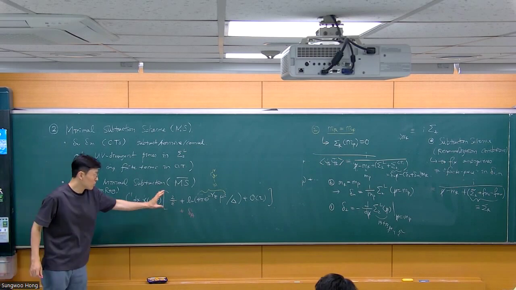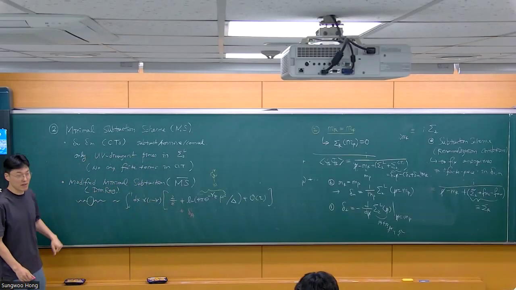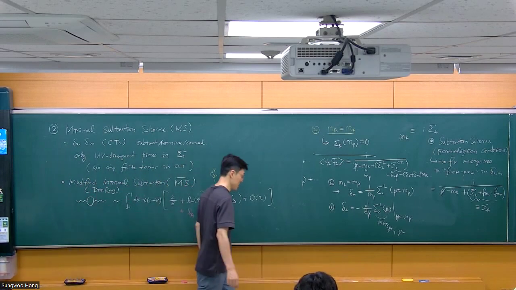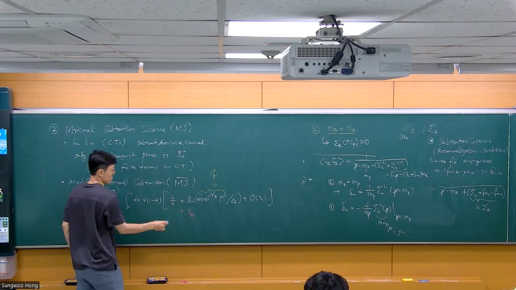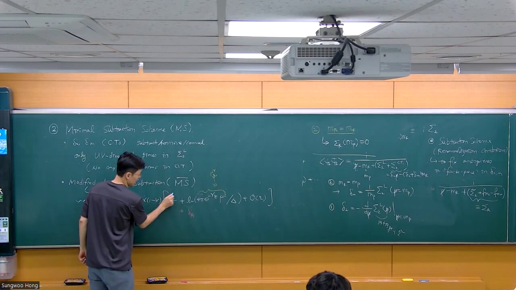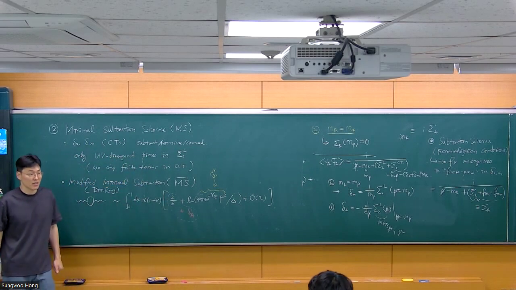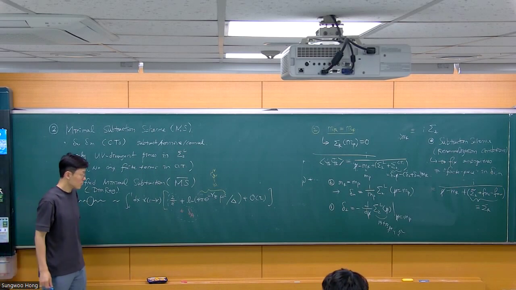So in addition to this, which stands for only the loop, you add extra pieces like this, which multiply the same universal structure. So if it were the MS scheme, then you design delta such that it only removes this 2 over epsilon piece. Okay, so it literally removes only divergences, nothing else.